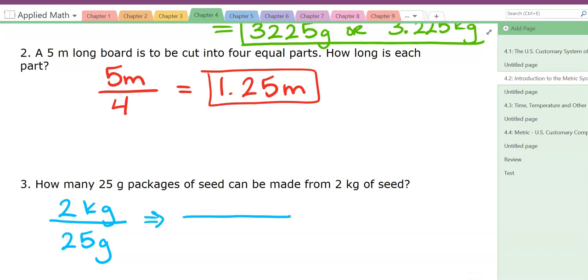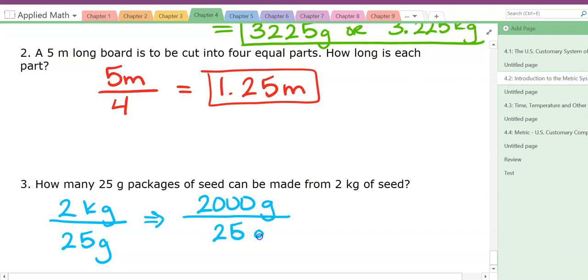So think about it, kilograms is 1,000 times the standard unit. The standard unit is grams. So we move the decimal to the right. So this would become 2,000 grams. And we're dividing it by 25 grams. So can you guys take 2,000 and divide by 25? 80. So 80 packages can be made.